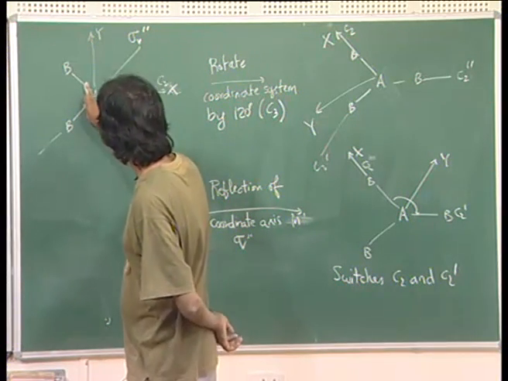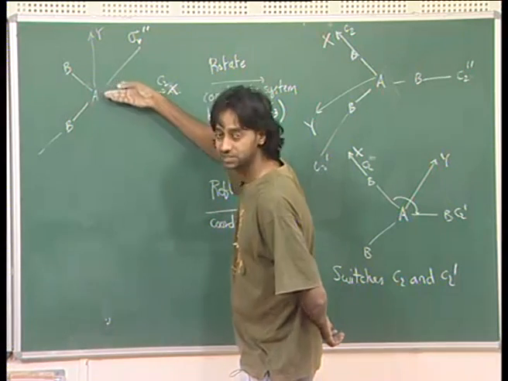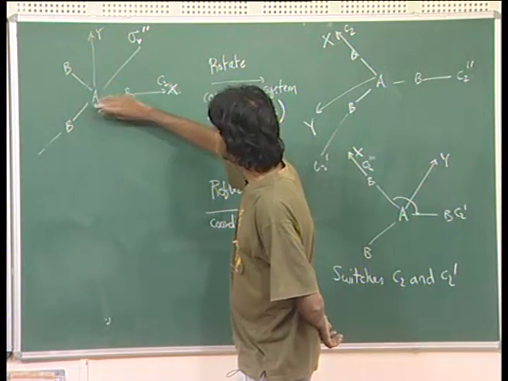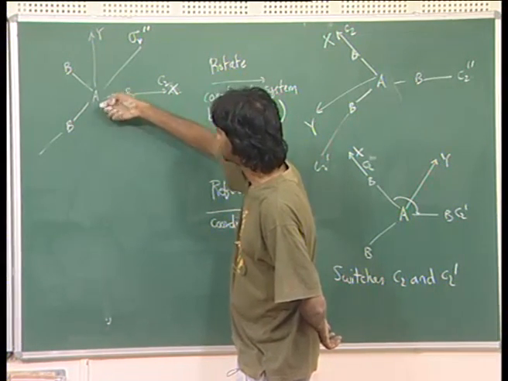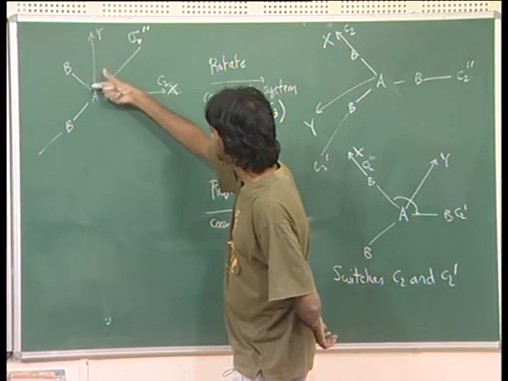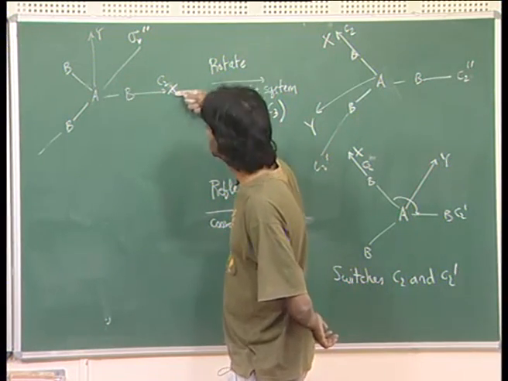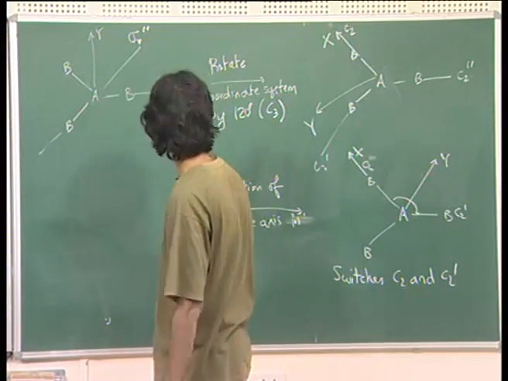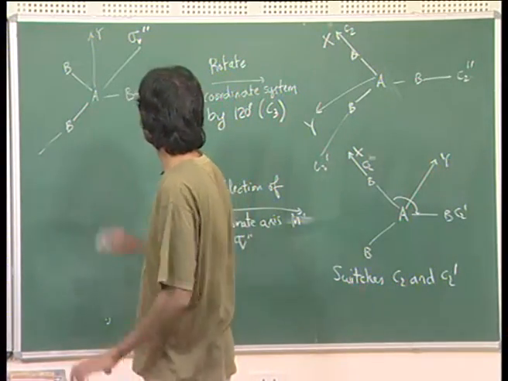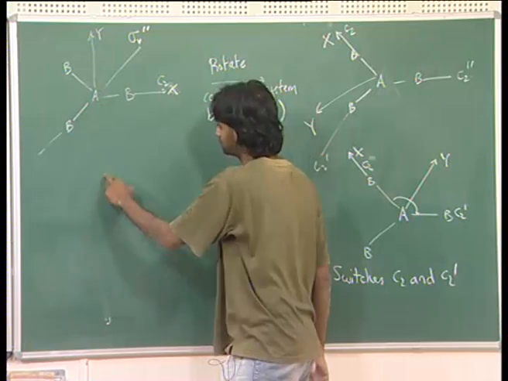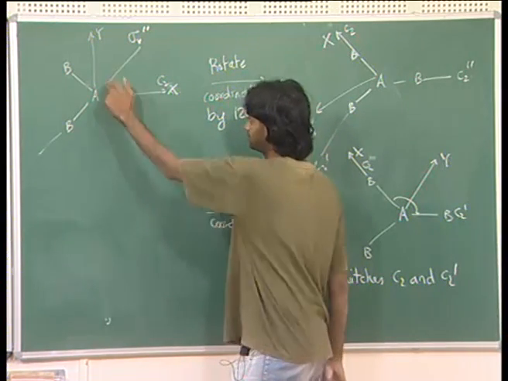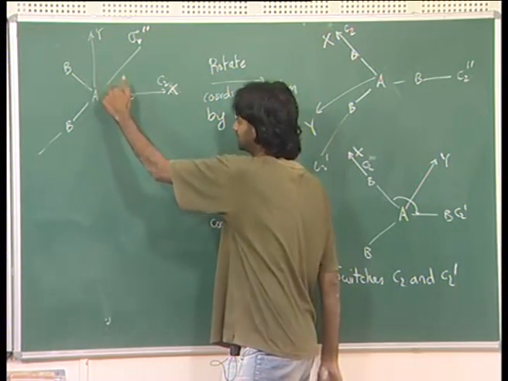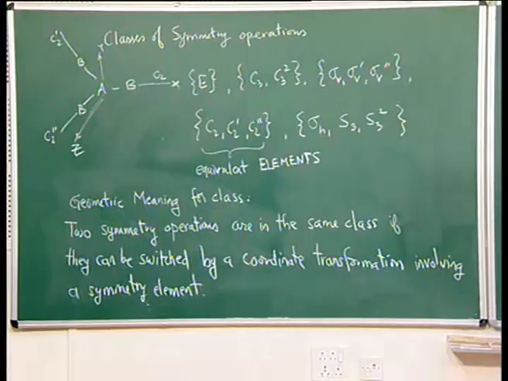Now if I consider a coordinate system where I operated by C2, then I will have x this way, y pointing down, and z pointing inwards, and then clearly C3 and C3 square would get switched.